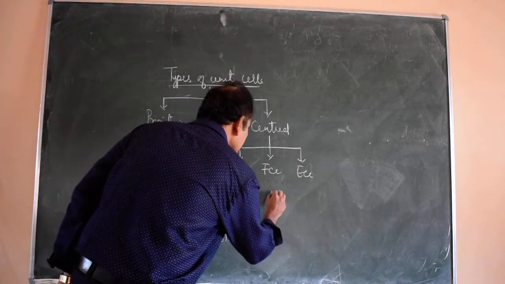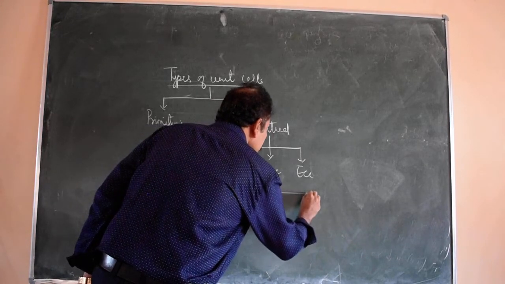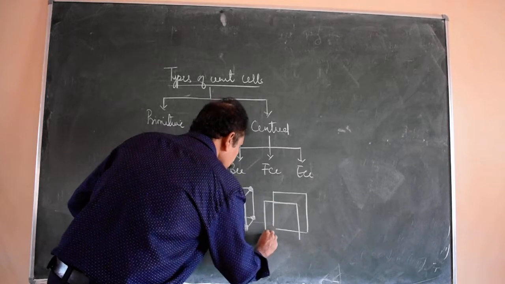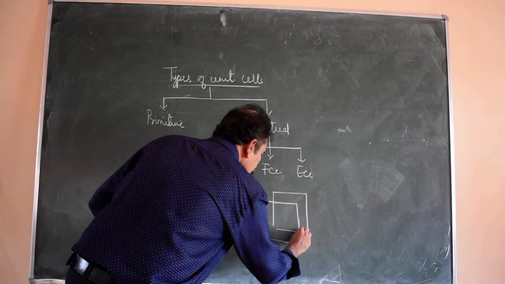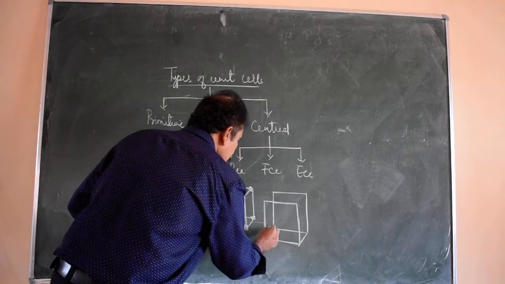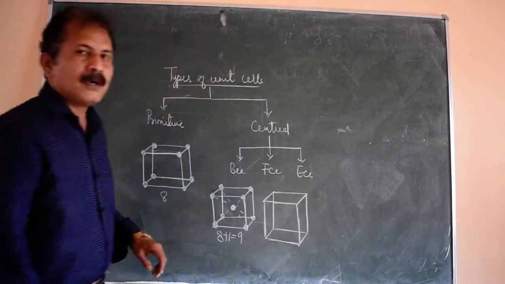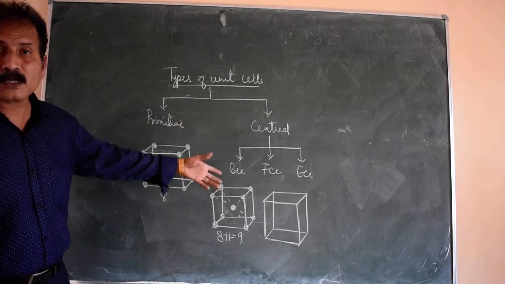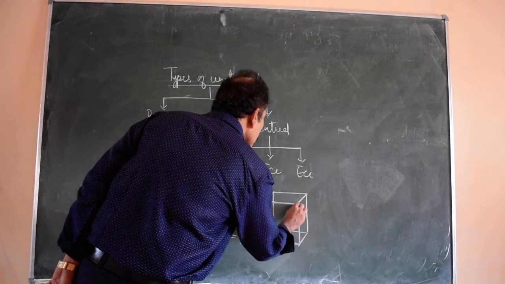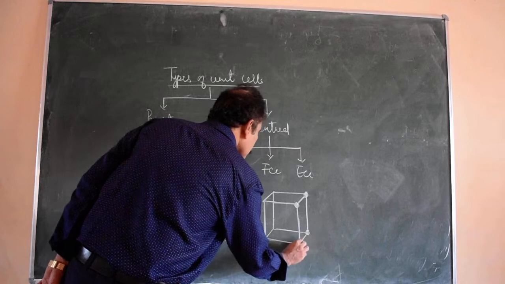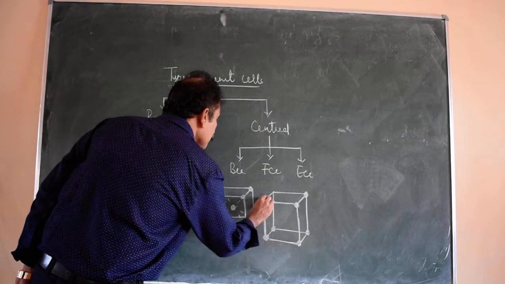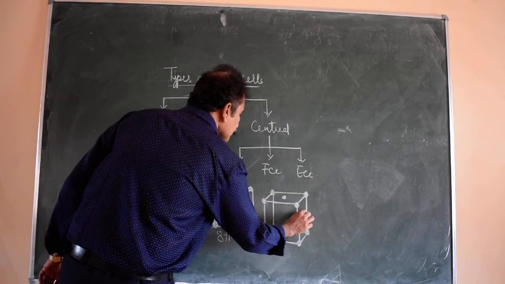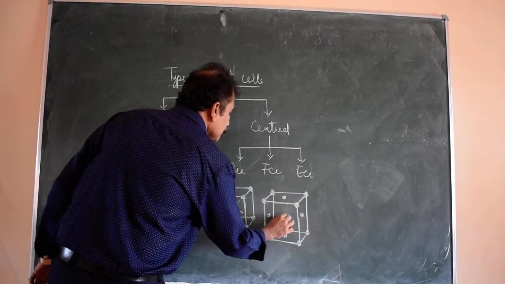So what is this FCC? FCC means face centered. There are 6 faces, right? So one particle will be present on each face, other than those present at the corners. So these are 8, plus here there are 6 faces. Here one, behind one.